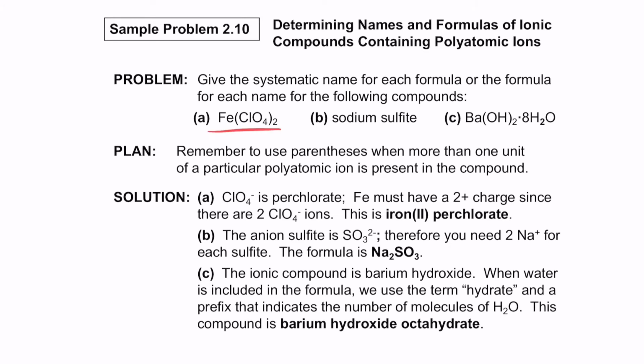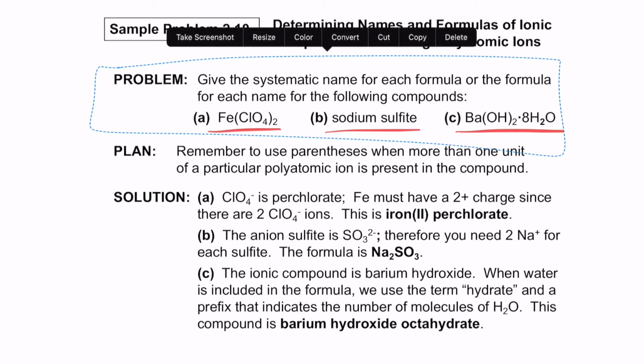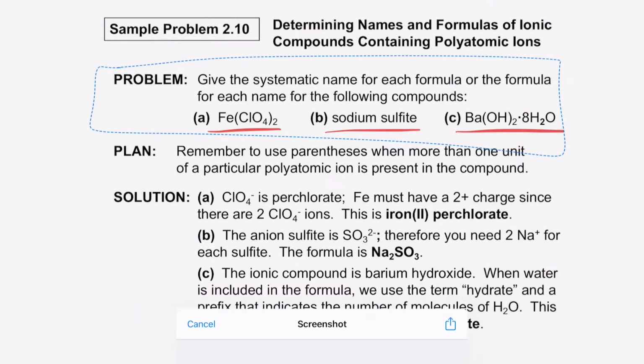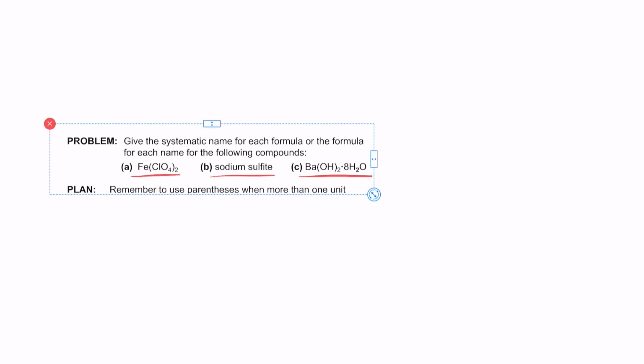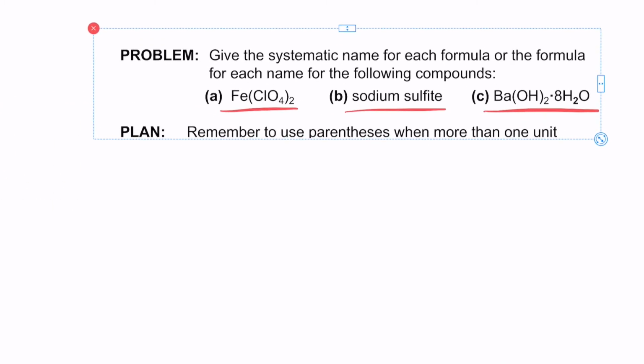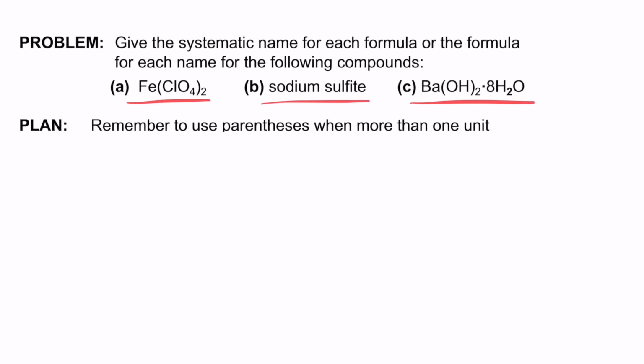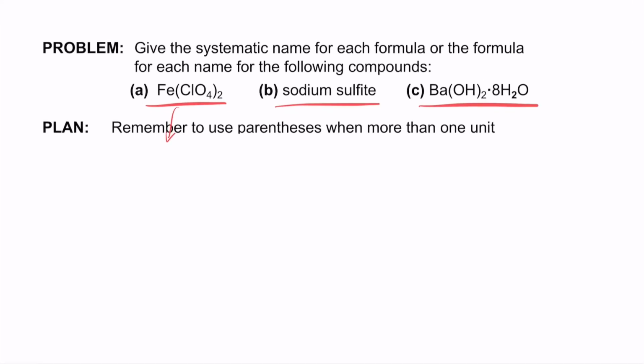Let's take these three examples. Alright, so let's start with the first one, which is Fe(ClO4) taken twice.